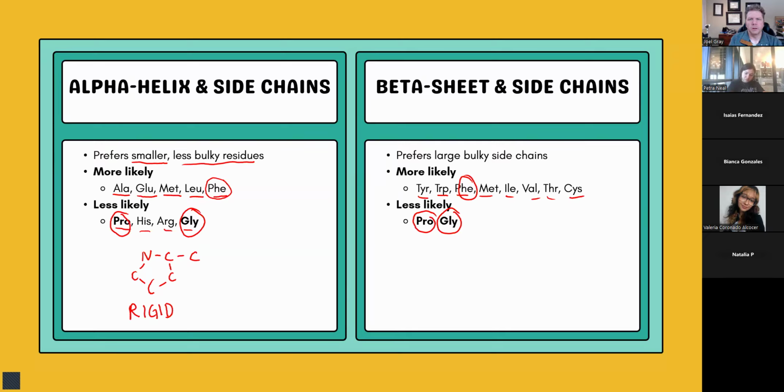If you remember, last time we were talking about a particular bond that doesn't like to move very much. Does anyone remember the bond that doesn't do a lot of rotation? If you could add it to the chat. I'm seeing, not a pi bond, starts with P. I'll give you a hint: it's between two amino acids. The peptide bond. Absolutely. Great job.